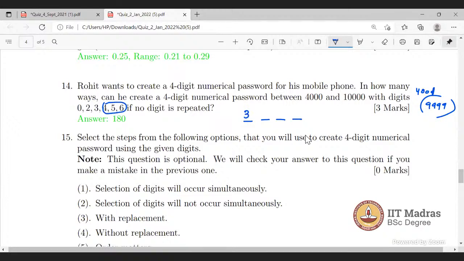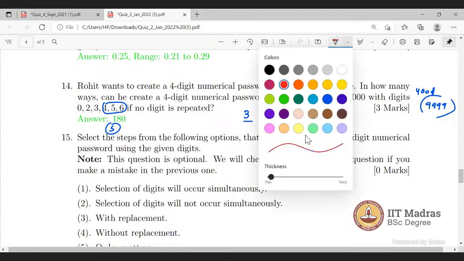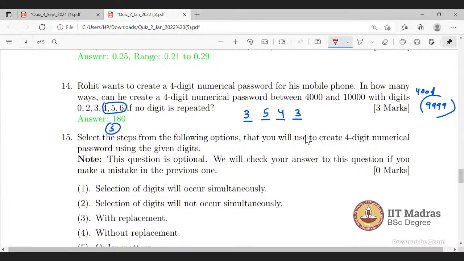After that, you are left with only 5 digits. Any of the 5 can come here, any of the 4 and any of the 3. But in the last case, we cannot fill 0, right, sir, because it is 4,001 to 9,999?